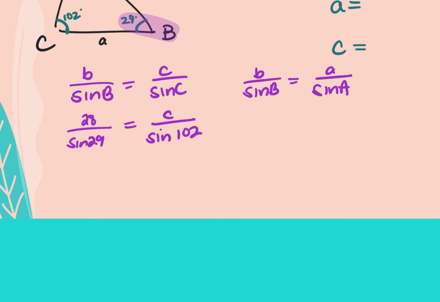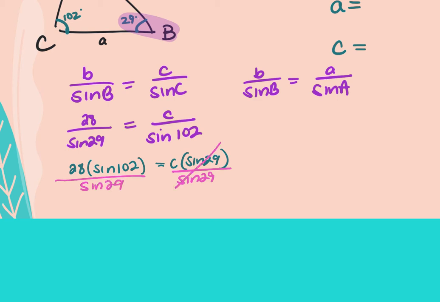Then I'm going to cross multiply: 28 times the sine of 102 equals C times the sine of 29. Then I divide both sides by the sine of 29 so C is by itself. I'm going to type this whole thing in my calculator all at once. You don't have to, you could separate it out.